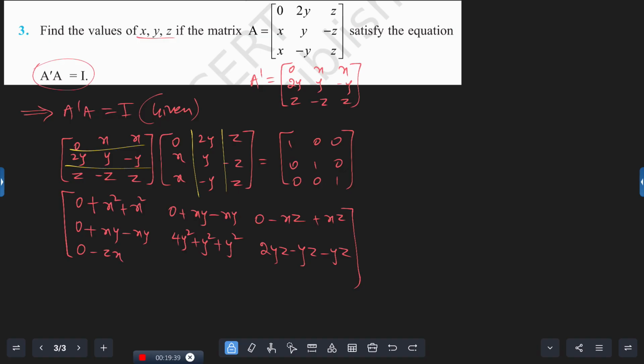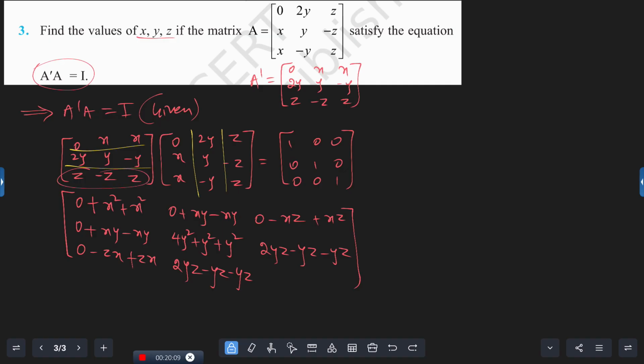And z into x, plus zx. Understand? Like that. z into 2y, 2yz; minus z into y, minus zy or yz; z into minus y, minus yz.